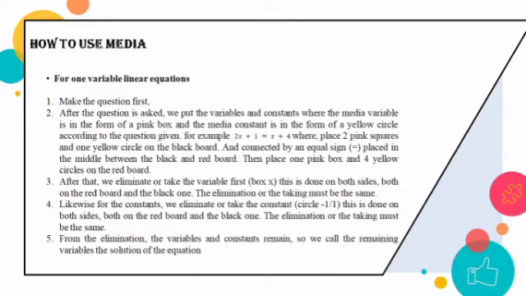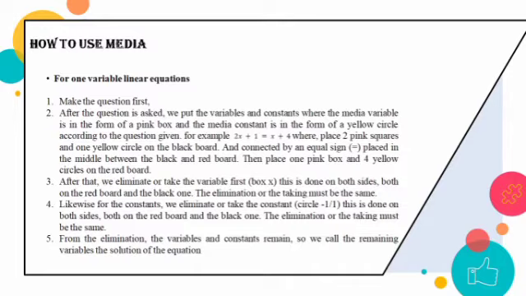For example, 2x plus 1 equal to x plus 4: place two pink squares and one yellow circle on the blackboard and connect it by an equal sign placed in the middle between the black and red board. Then, place one pink box and four yellow circles on the red board.